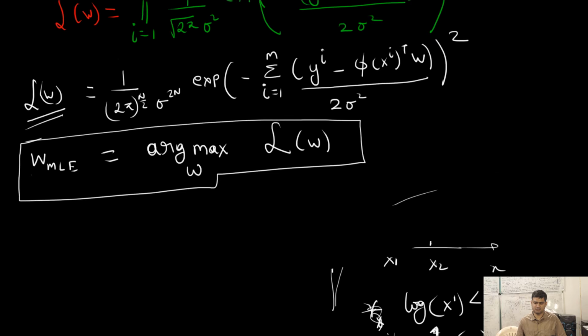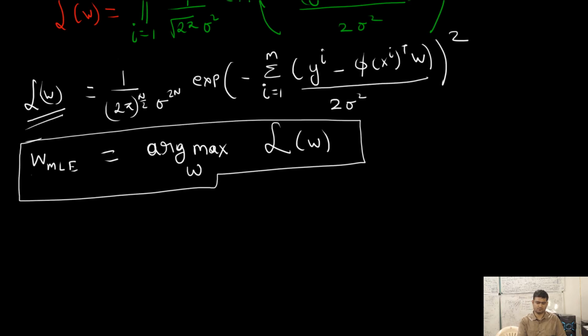I'll just erase this to keep things simpler. So instead of maximizing this, we maximize the log of the likelihood.